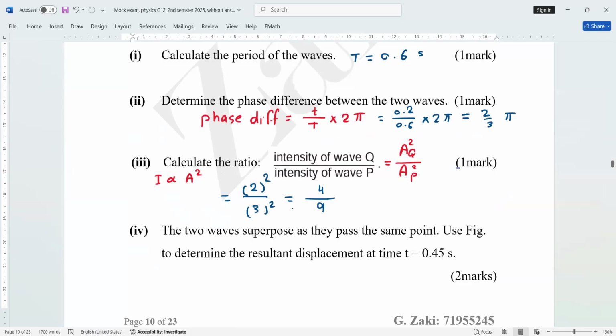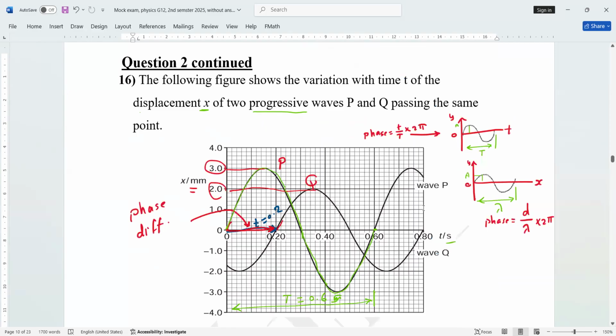The two waves superpose as they pass the same point. Use the figure to determine the resultant displacement at t equals 0.45 seconds. Now we go to the graph and determine the point 0.45.